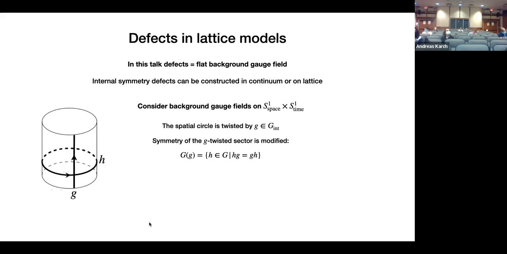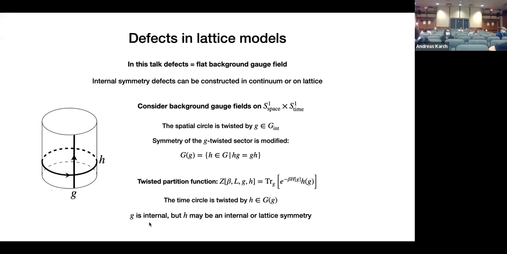For one thing, only those symmetries that commute with G survive when we add a G twist. So we have this G of G. When I write parentheses and put a G, it means things that happen when we add a G twist in the spatial direction. And I'll use this notation very often. So this is more or less like the centralizer of G in the internal symmetry, and including the translation and all that.